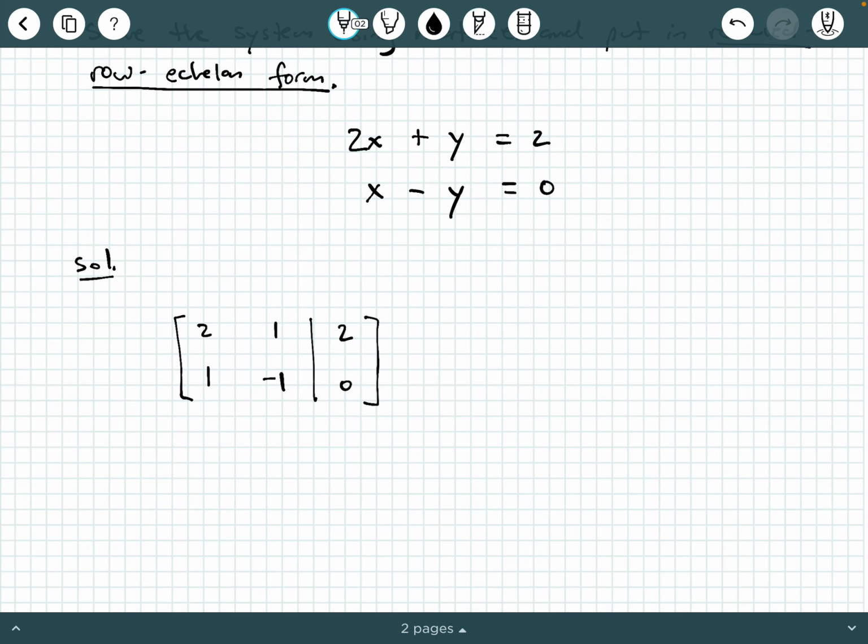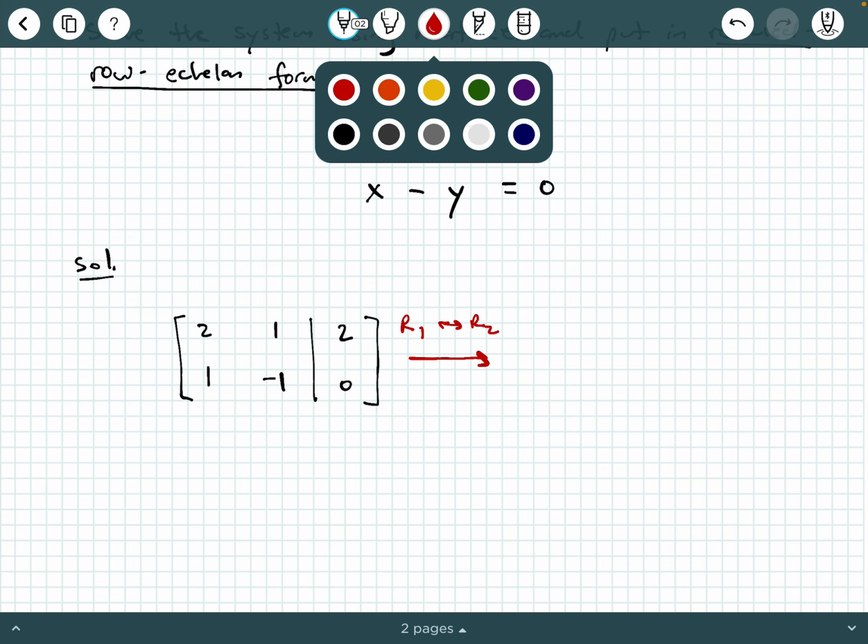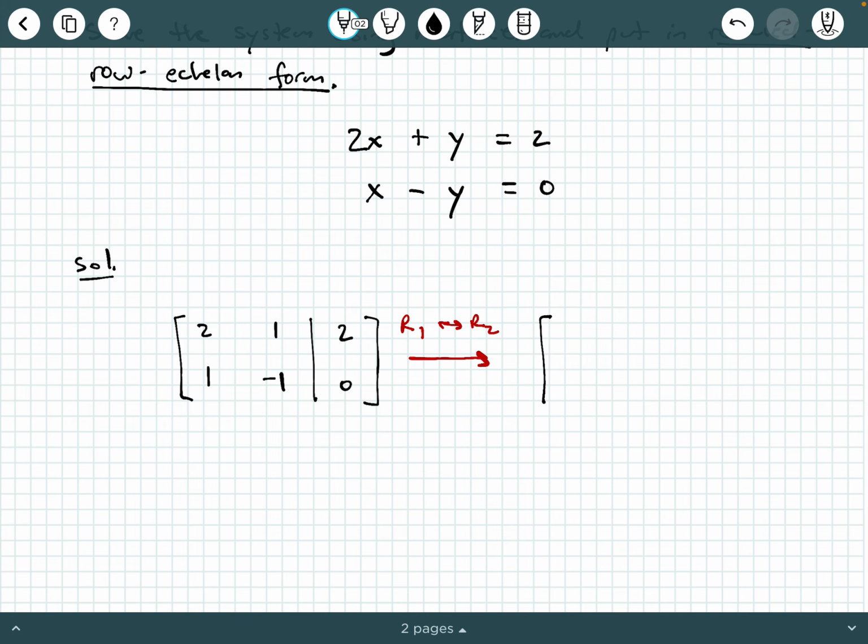So I'm going to do a row operation here: interchange row 1 with row 2. And remember, the double arrow means row interchange. When I do that, my row 1 is up here now, and my row 2 is down here, and here's my partition line.